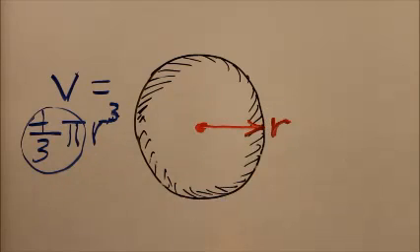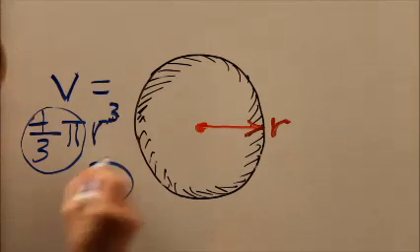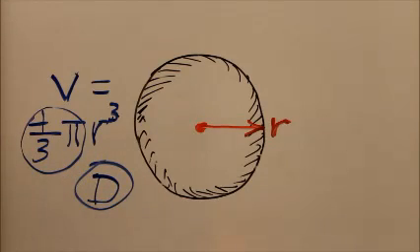So if we increase r by a factor of 10, we increase the volume V by a factor of 1,000. That's 10 times 10 times 10. That is choice D.